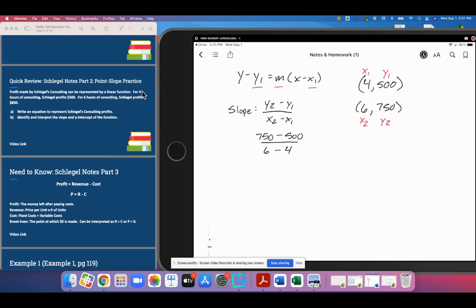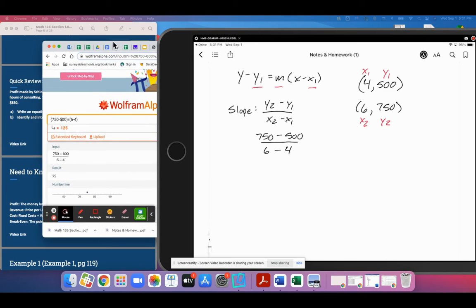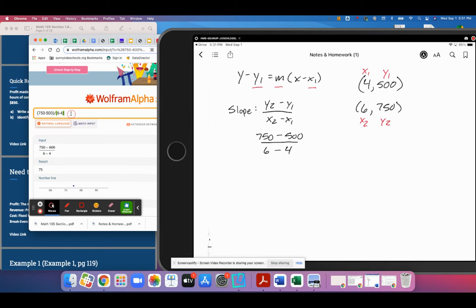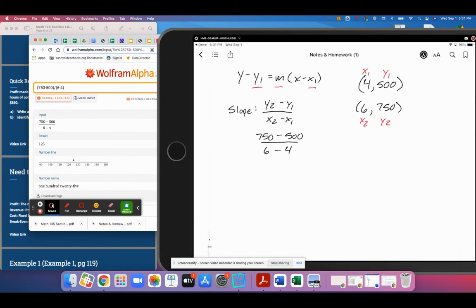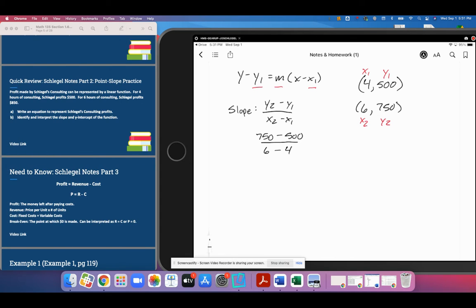And I'm going to let Wolfram handle any math that I need to do for me. I'll get it typed up over here on the right and on the other screen and hit enter. And it looks like we are going to end up with a result of 125. So our slope in this case is 125.